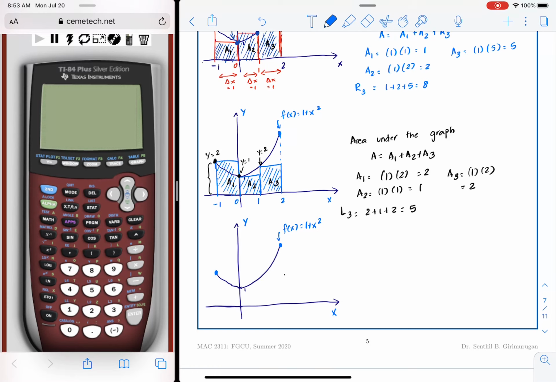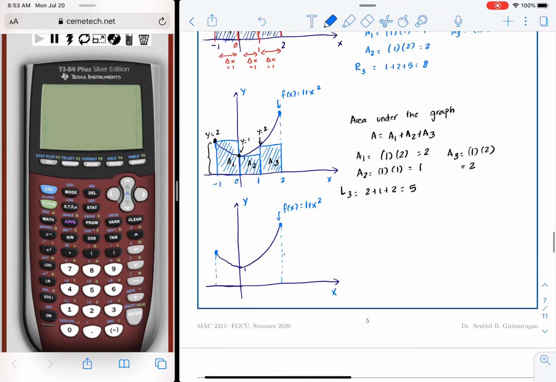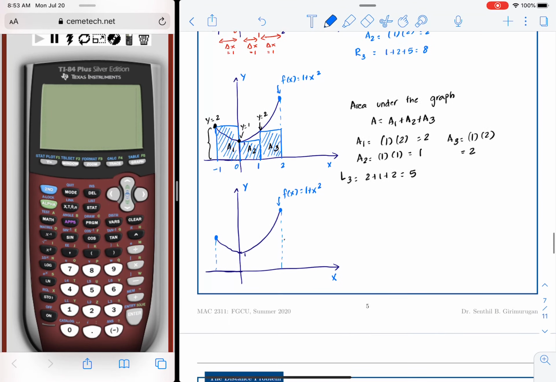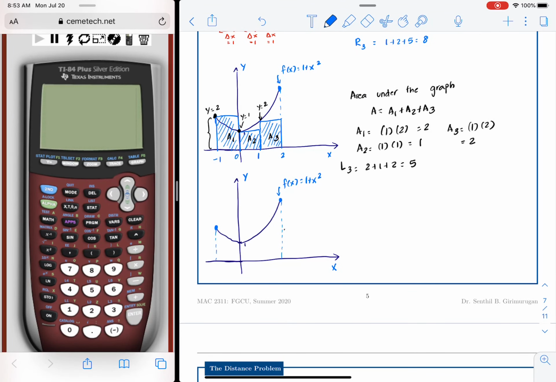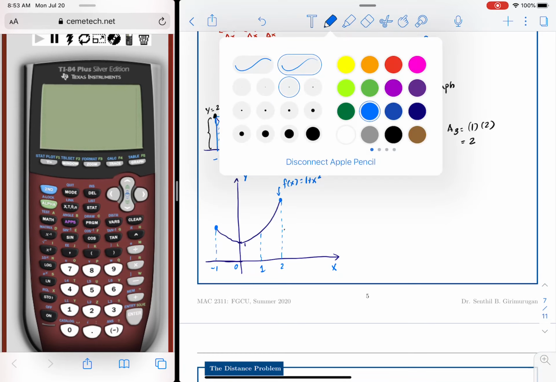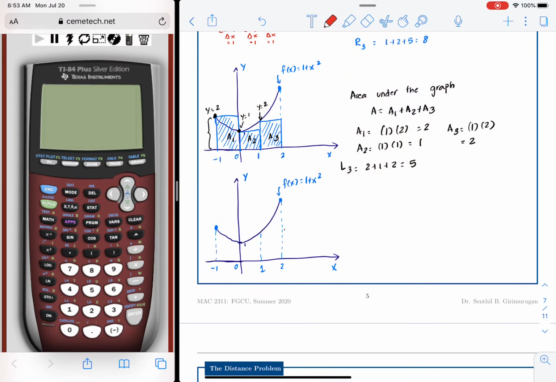Now, the sample points that we have are 0, 1, and 2, and -1. So we have to look at the midpoint. What is the midpoint between 0 and -1? Which is right over there.